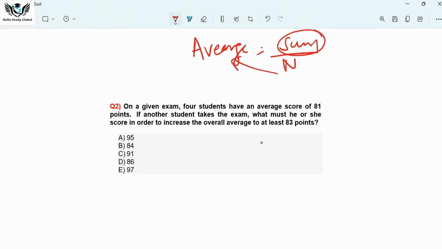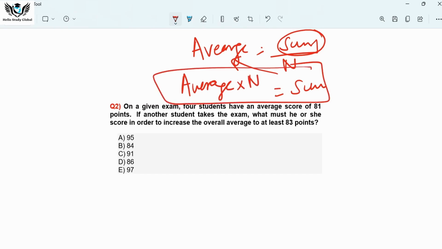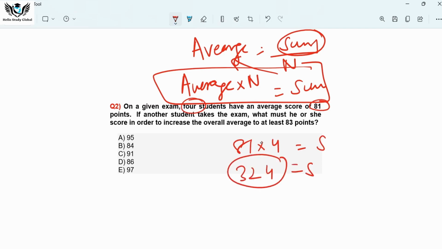Sum is equal to the average multiplied by total number of terms. Okay, so 81 is the average score and 4 students are there. So 81 into 4 would be the sum of scores. So that is 8 4s are 32, 324 is the sum of scores.